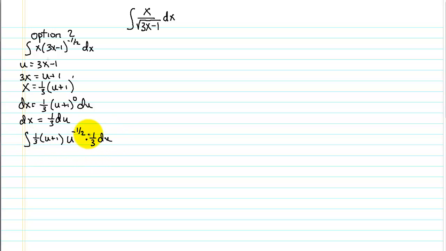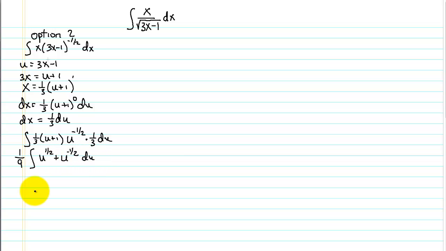We can combine these two 1/3s. We get 1/9 and take that outside the integral sign. Inside the integral sign, I'm going to distribute this u to the minus 1/2. So u to the first times u to the minus 1/2, we get u to the 1/2. And here we get times 1, so we get plus u to the minus 1/2.